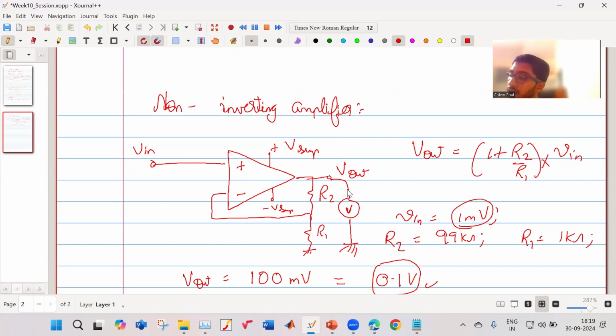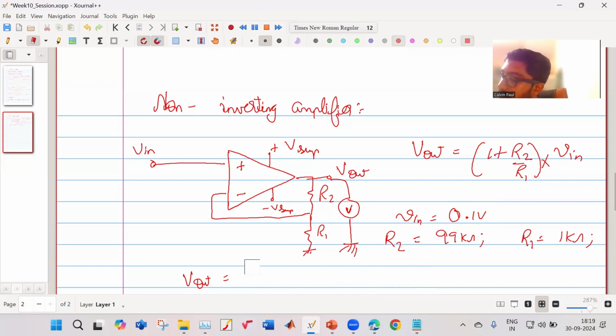Which I showed. So let me say instead of 1 millivolt, let my V in be 0.1 volt. Then what will be my V out? If V in is 0.1 volt, sir, V out is 10 volts. So your V out will be 10 volt. And your voltmeter's full scale range is 0 to 10 volt, so it's your maximum deflection.